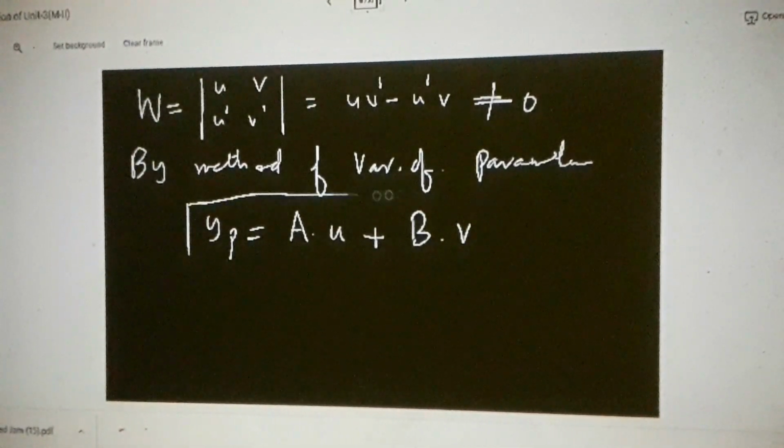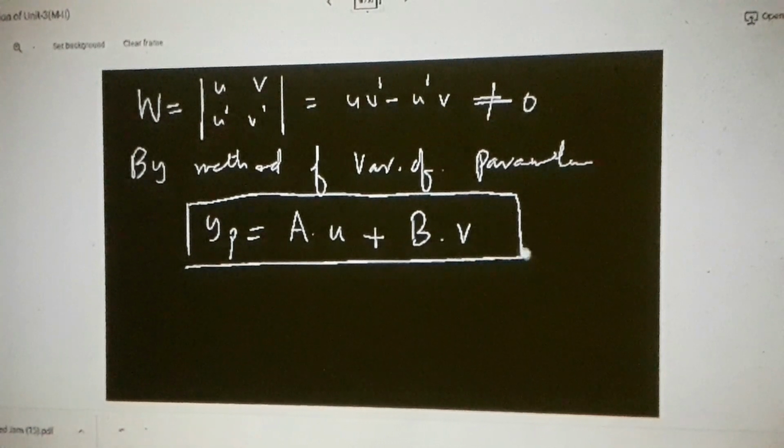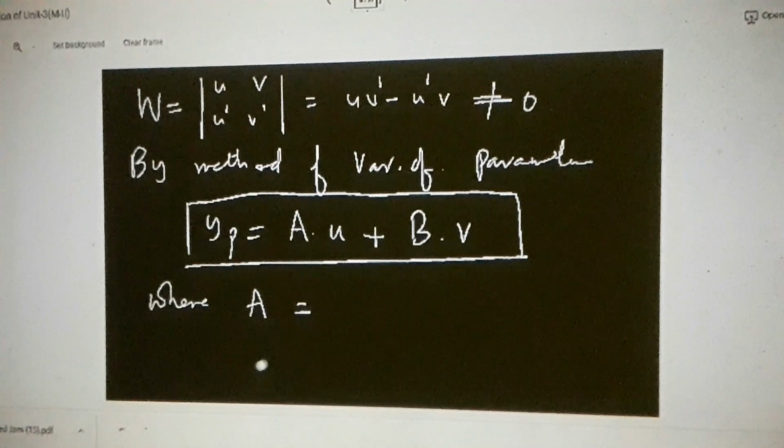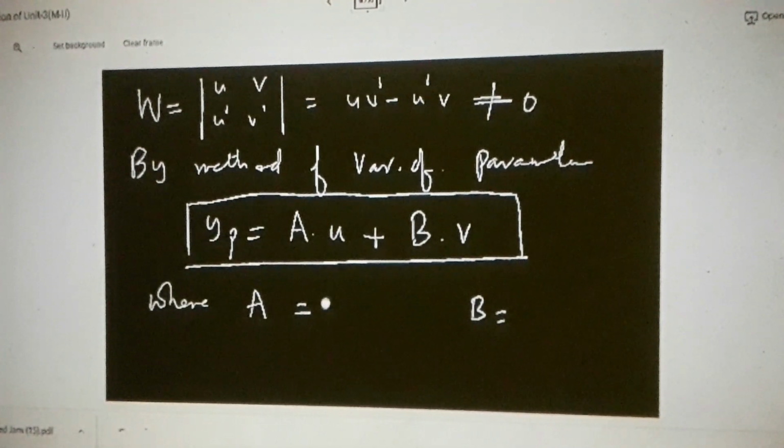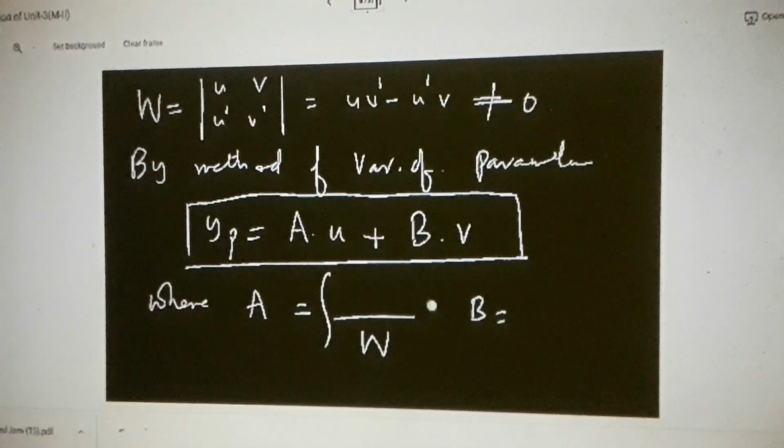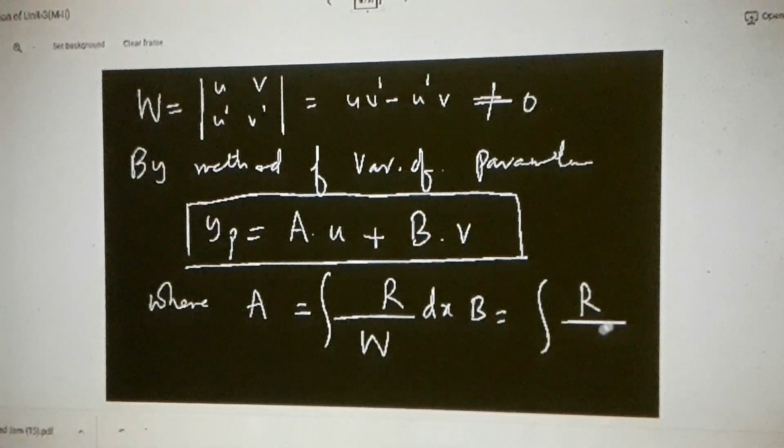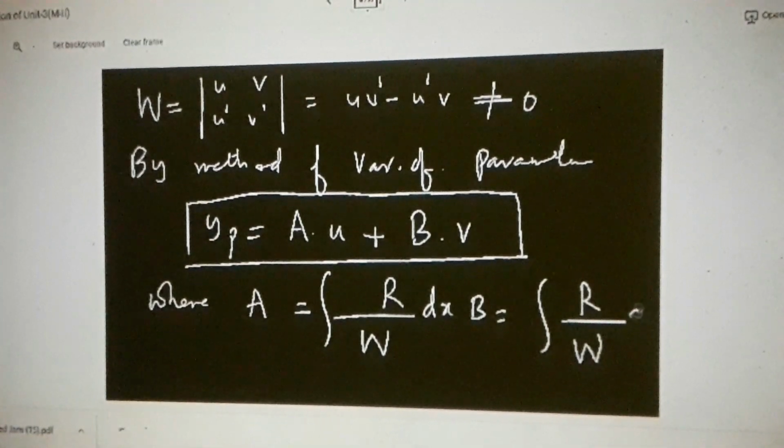So this yp is given by this one. Now the question comes, what is A and what is B? What are the formulas to calculate these? Keep in mind, in the denominator that W is there, and in the numerator R is there in both of them, R over W dx.